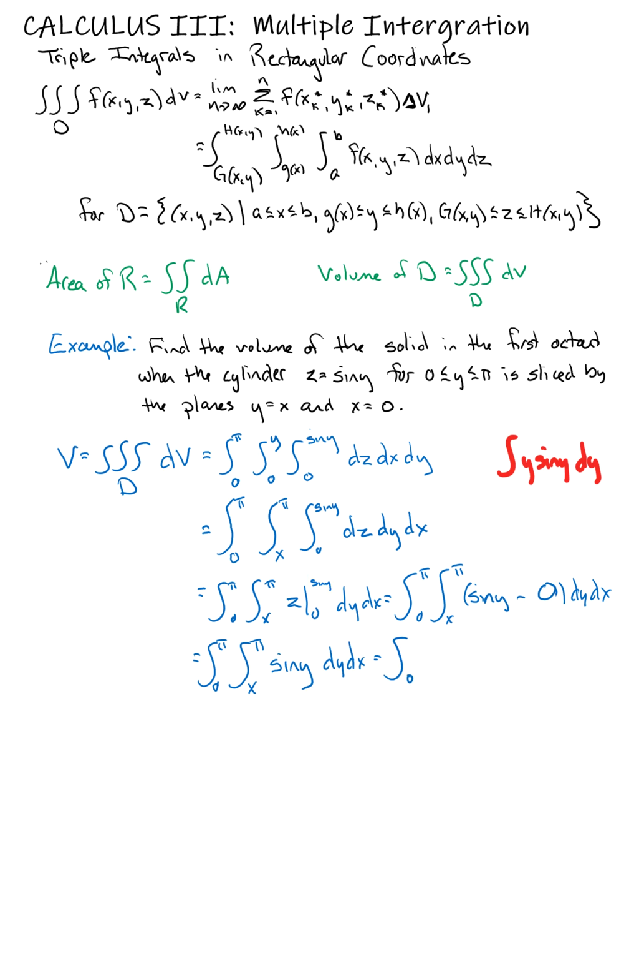All right, integrating with respect to y first gives us negative cosine of y, which we'll evaluate from x to pi.